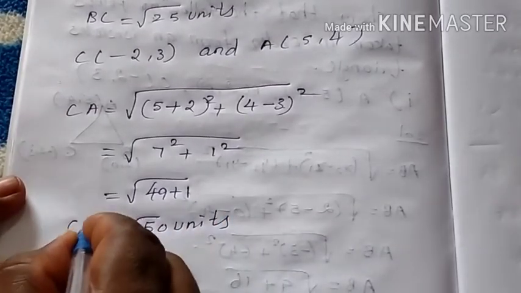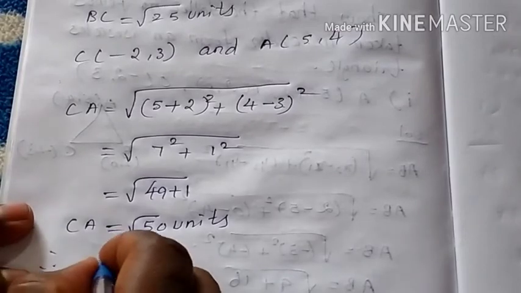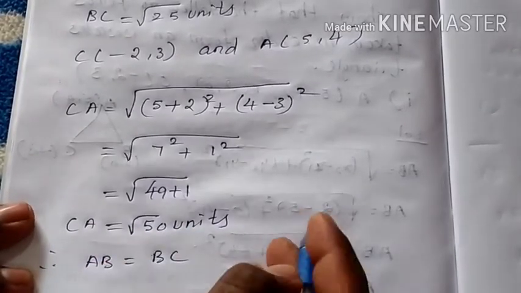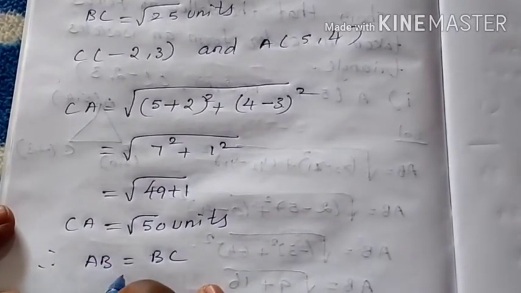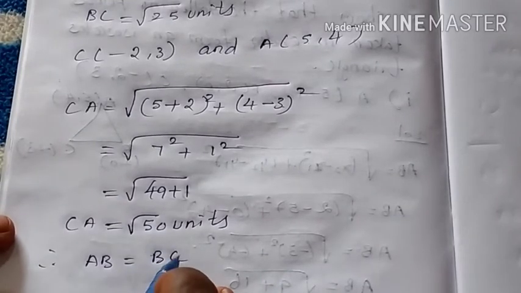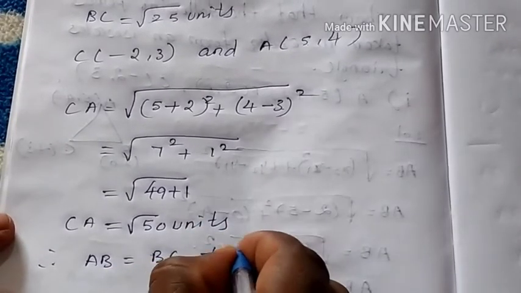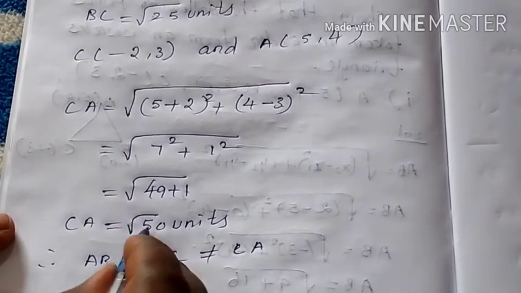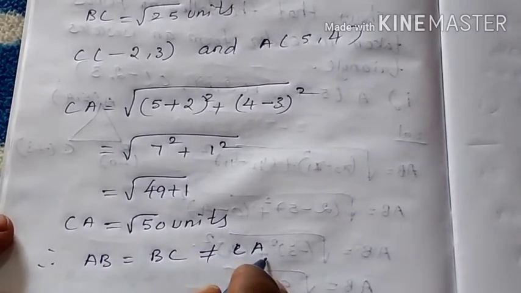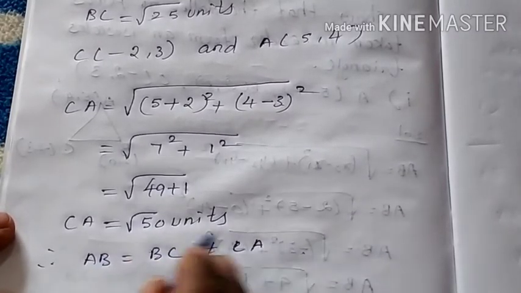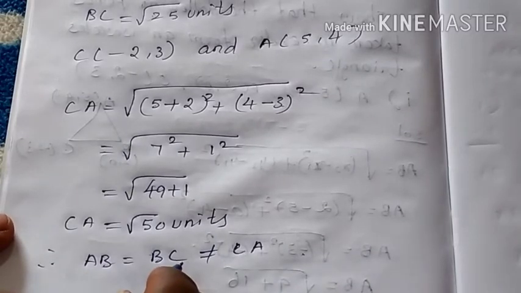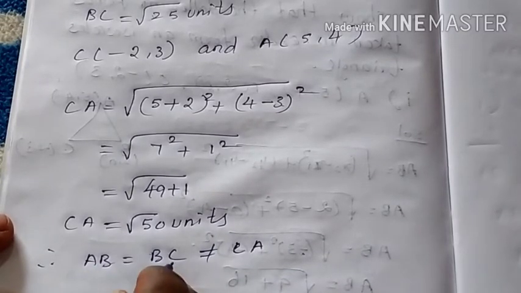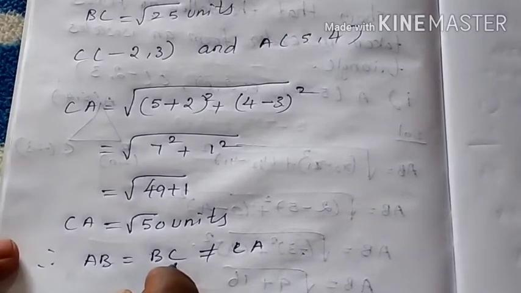Therefore AB equals BC, because AB value is root of 25 and BC value is root of 25, but it's not equal to CA. CA is root of 50. This is not equal. So considering the three sides, two sides are equal. So the given 3 points form an isosceles triangle. Have you understood?